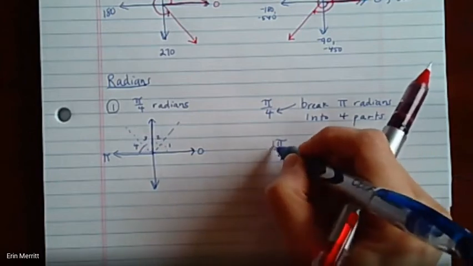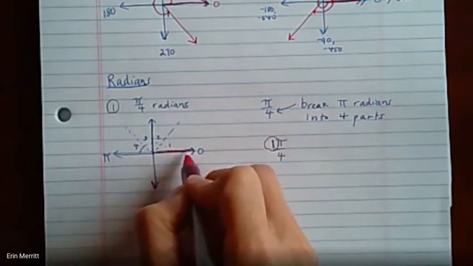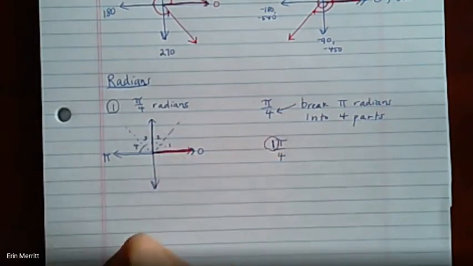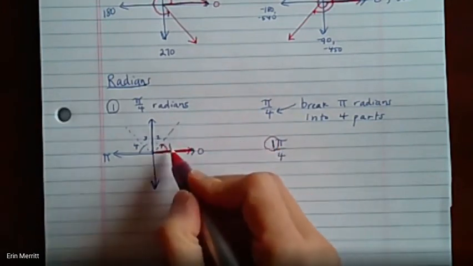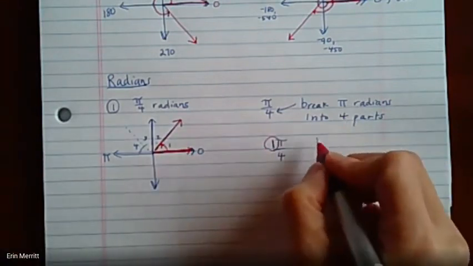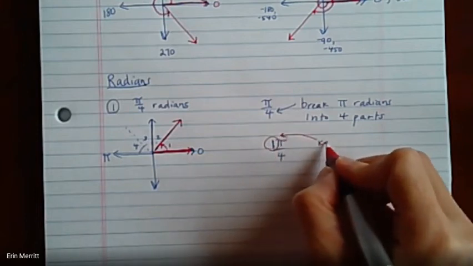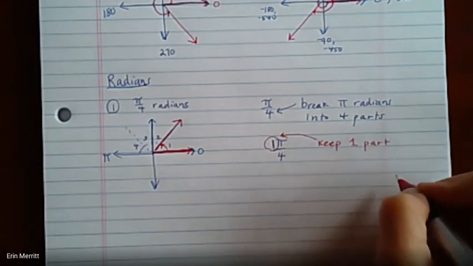Well, if I don't see it, it's just a 1, which means I'm only going to keep one of these little angles here. So start with it as the x-axis, and then I would only rotate up through one little piece of it. That is what pi over 4 is. So the 1 in front means I'm just going to keep one part for the angle.